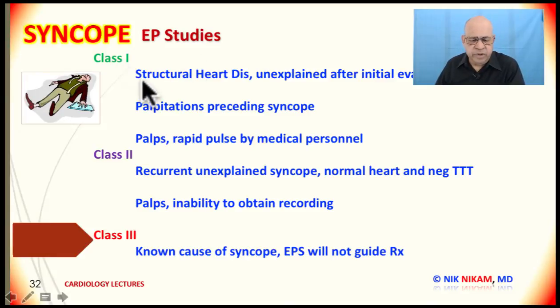Class 1 indications is for patients with a structural heart disease who have unexplained syncope, that is structural heart disease whose syncope is unexplained. If the patients experience palpitations before or after the syncope, that may be an indication to look for any type of arrhythmias that may be precipitating syncope and help us in a game plan as to how to treat these patients.